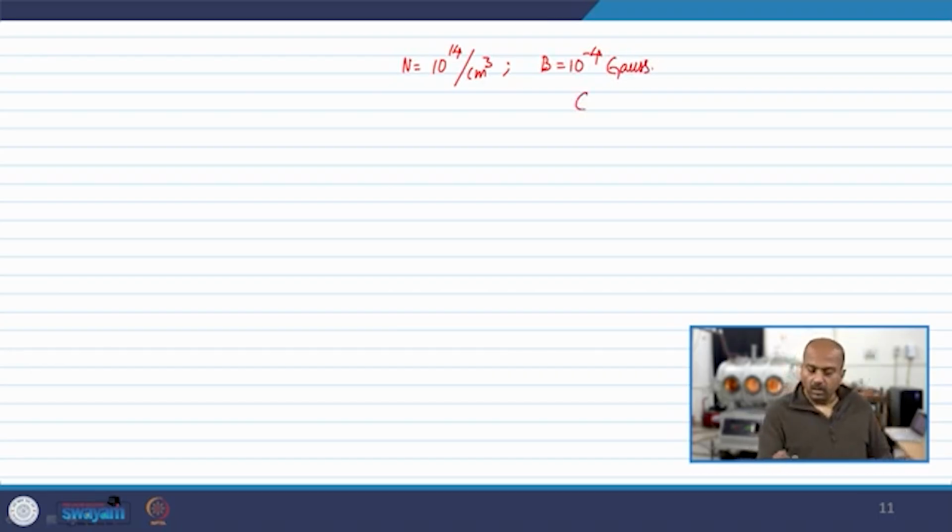So, for plasma, let us say we have a typical plasma with number density of 10 to the power of 14 per centimeter cube and a magnetic field of 10 to the power of minus 4 Gauss, then the value of epsilon will be approximately of the order of 10 to the power of 4, which means the dielectric constant of plasma can be very, very high, right. So, this is a very, very high dielectric constant.